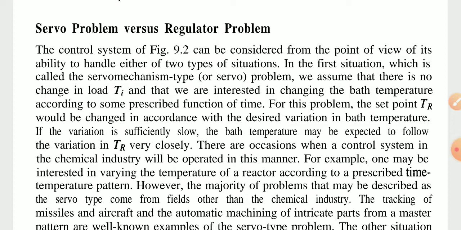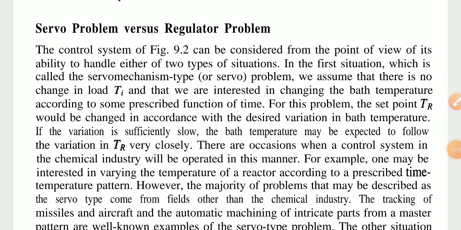In the first situation, which is called the servo mechanism type, that is, we call it the servo problem, we assume that there is no change in load for the temperature, and that we are interested in changing the bath temperature according to some prescribed function of time.